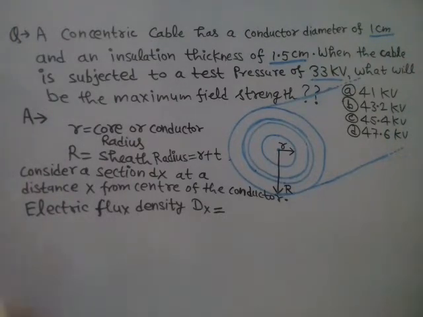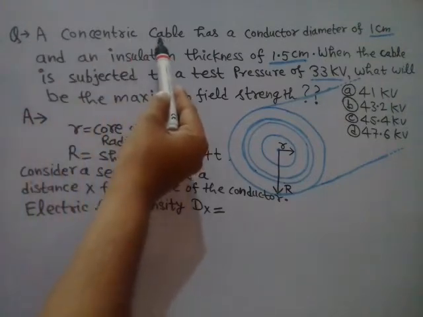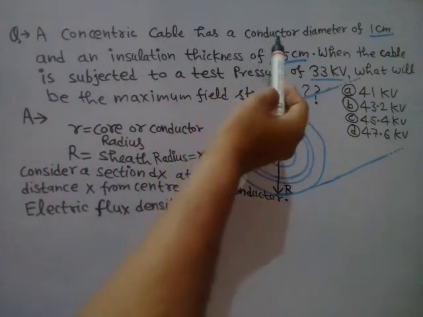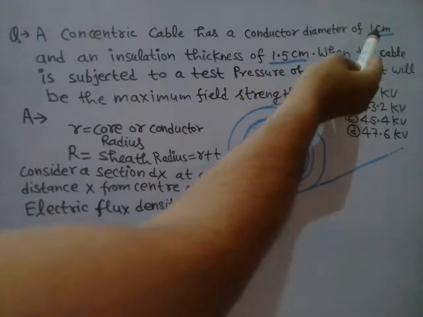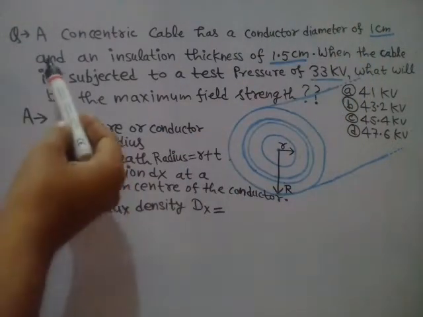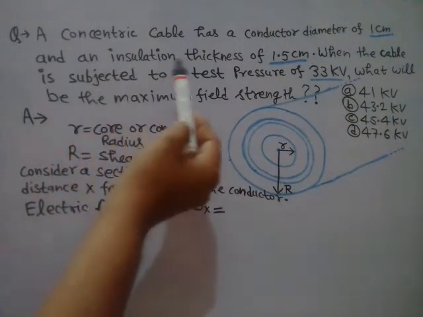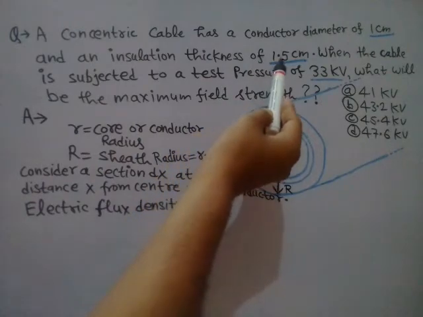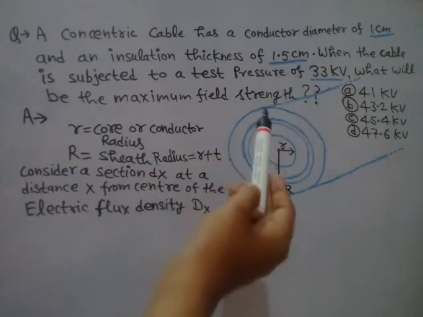So the question is: a concentric cable has a conductor diameter of 1 centimeter and an insulation thickness of 1.5 centimeter.